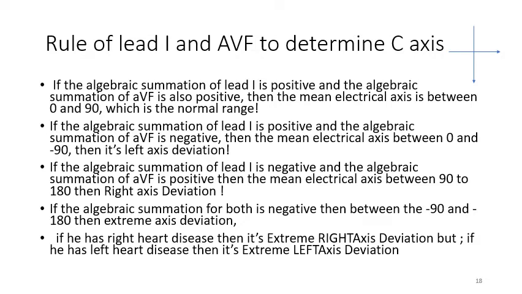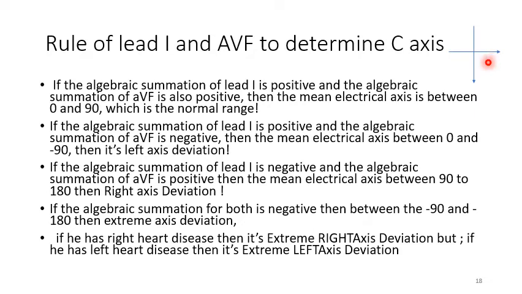First, if the algebraic summation of lead 1 was positive, plus the algebraic summation of AVF was also positive, the cardiac axis is going to be right here in this corner, and this is the normal range.